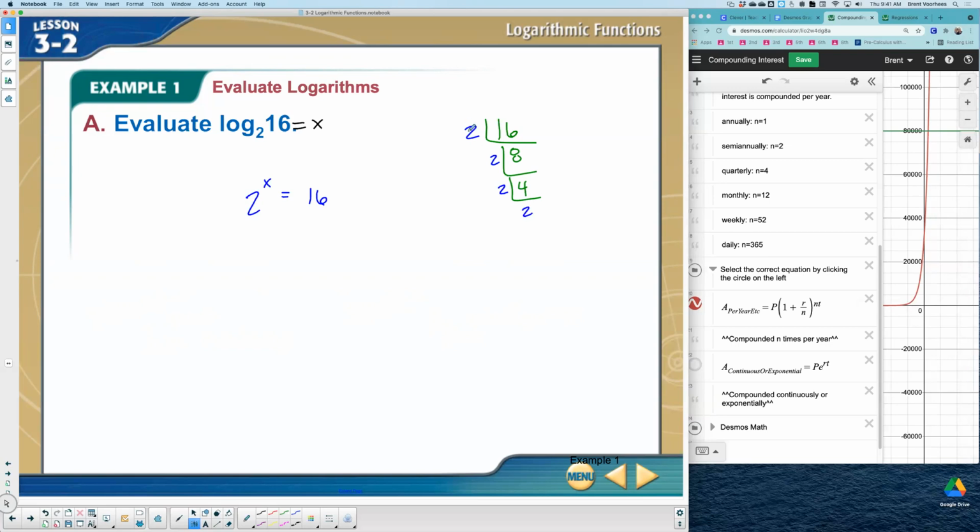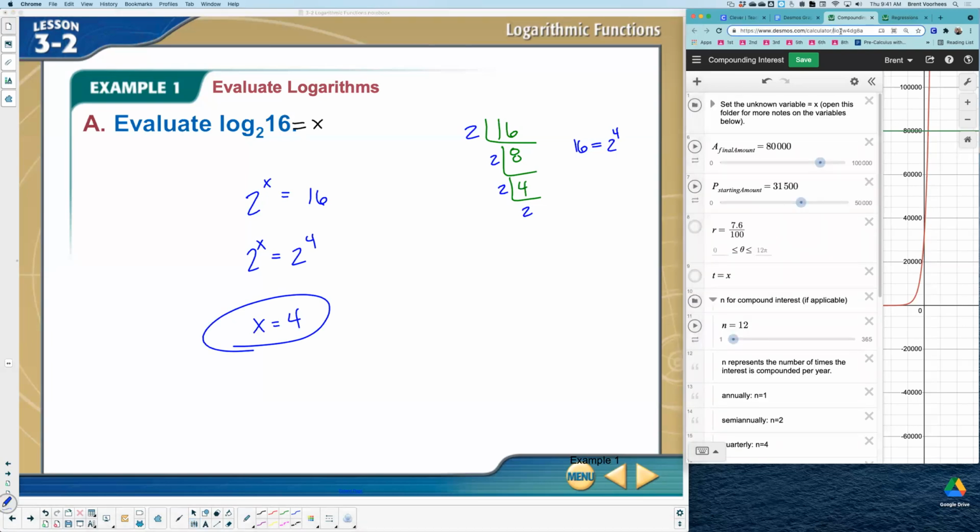And you stop once you get all your base all the way across. 16 is equal to 2 to the 4th power. So now if 2 to the power of x equals 2 to the 4th, we can clearly solve for x. X is equal to 4. I'm just going to get a blank calculator here and prove it to you.